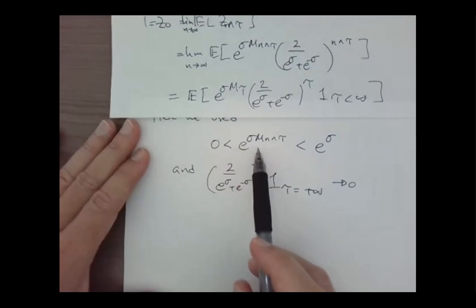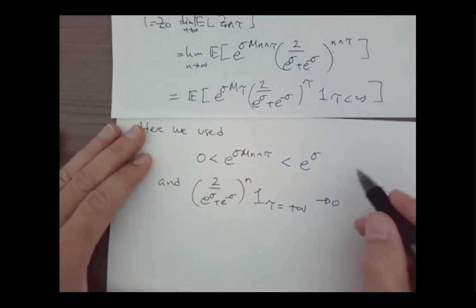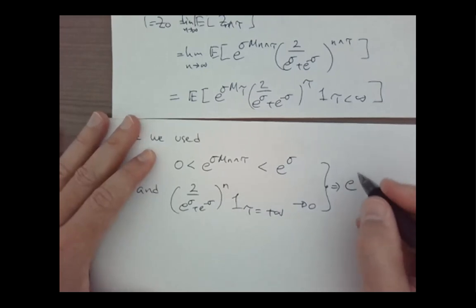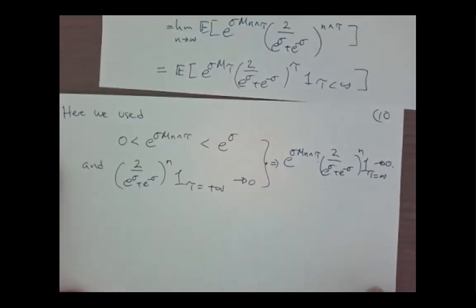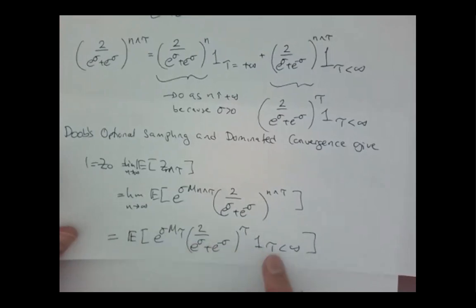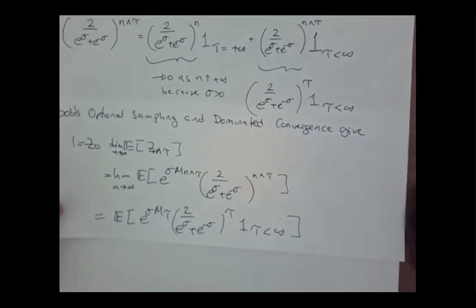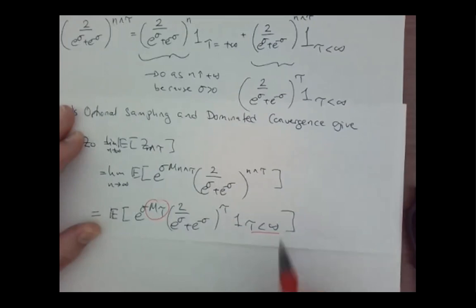So when I take the product of something that goes to 0 and something that is bounded, that product satisfies that e sigma M n min tau times 2 divided by e sigma plus e minus sigma to the n min tau also goes to 0. That means that we can forget about the first term and only focus on the second term. Finally, the final observation to make is, what is M tau here? When tau is less than infinity, what is M tau?